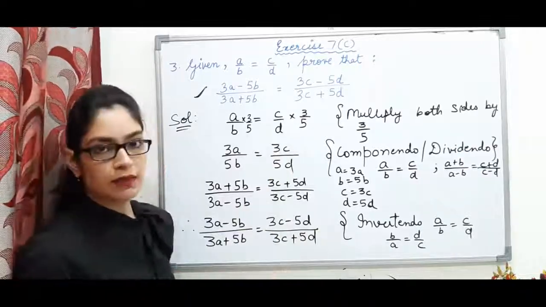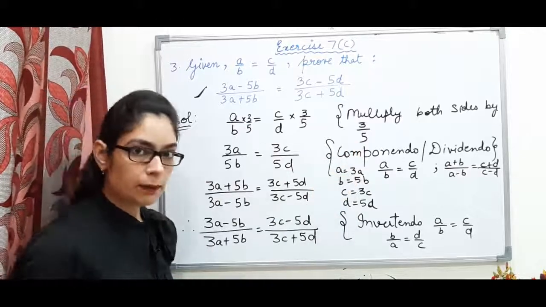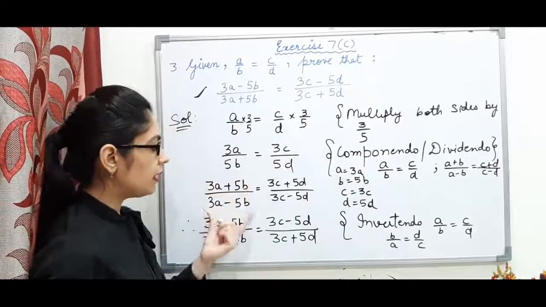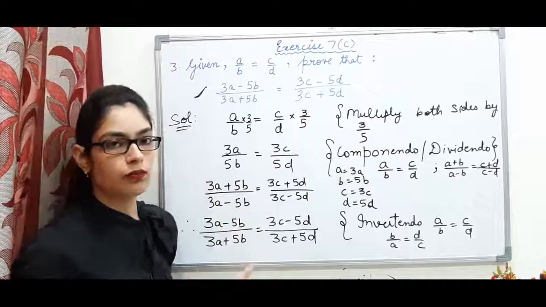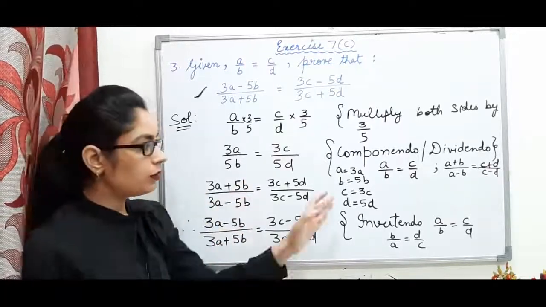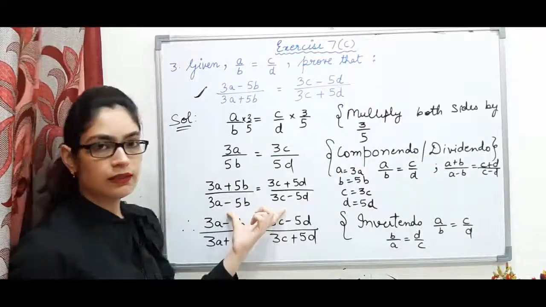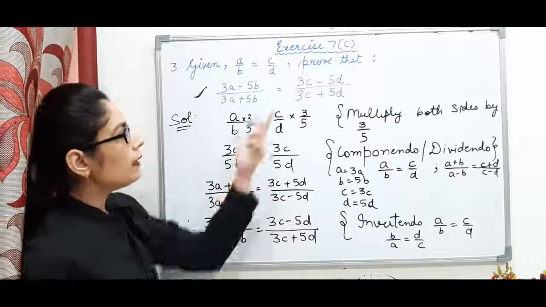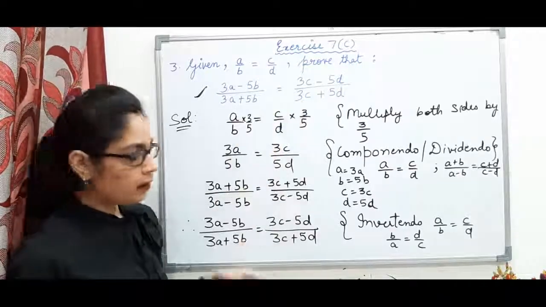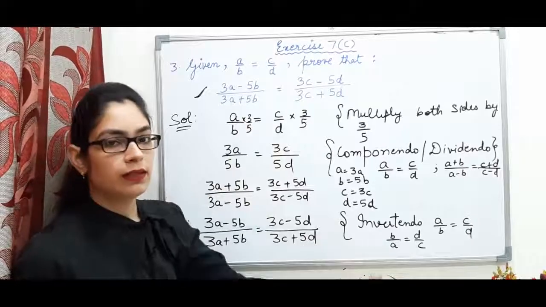Two properties we applied in this question. First is componendo and dividendo. Why did we apply it? Because I need terms in the form of plus and also in the form of minus, so both together I can apply in componendo and dividendo. At the end I got this expression, but I needed this one, so again I did the reciprocal. The name of the property is invertendo.